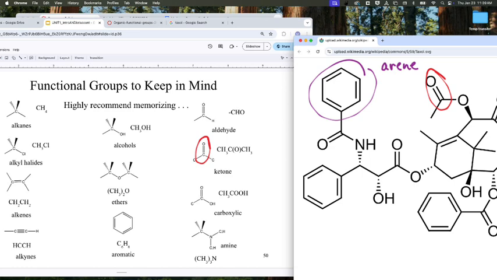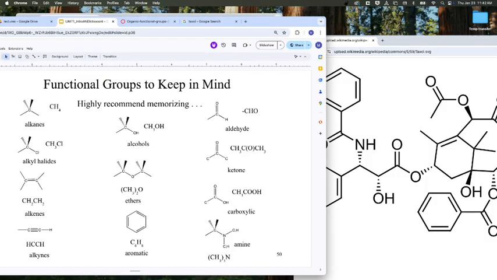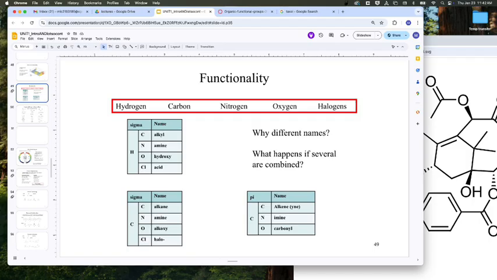Back to the functional group thing, that's where this comes into play. It looks really goofy and weird, but what this is trying to address is that when we talk about functional groups, if I bond a hydrogen to a carbon, and in particular if I bond it through a sigma bond.